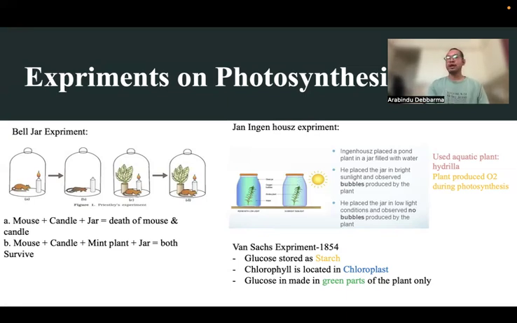Now, as we have already mentioned in our definition, photosynthesis is carried out by the green plant in the presence of sunlight and chlorophyll, and it converts carbon dioxide and water into glucose and oxygen.